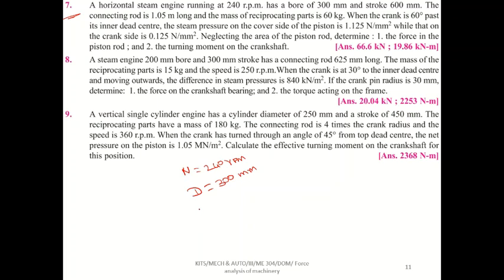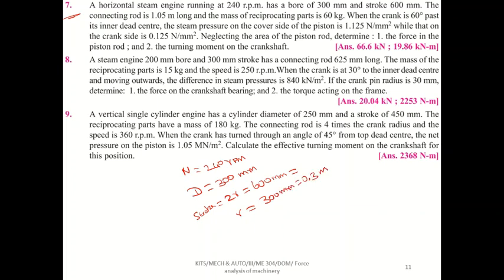Stroke value is equal to 2 into radius of the crank. So they gave 600 mm, so the R value is 300 mm, that is 0.3 meter.